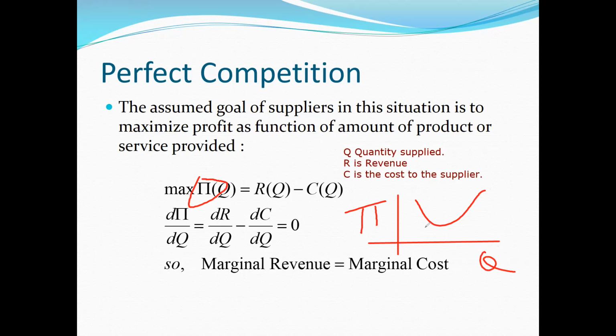If I want to find where the function becomes maximum, I should probably erase this and draw a function. And if I want to maximize this function, I want to find this point right here. What should happen to the derivative of this function at this point?